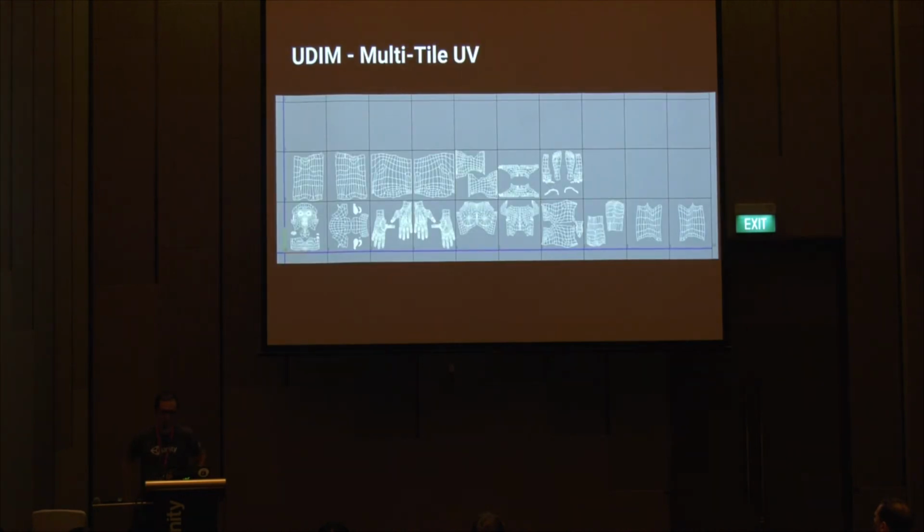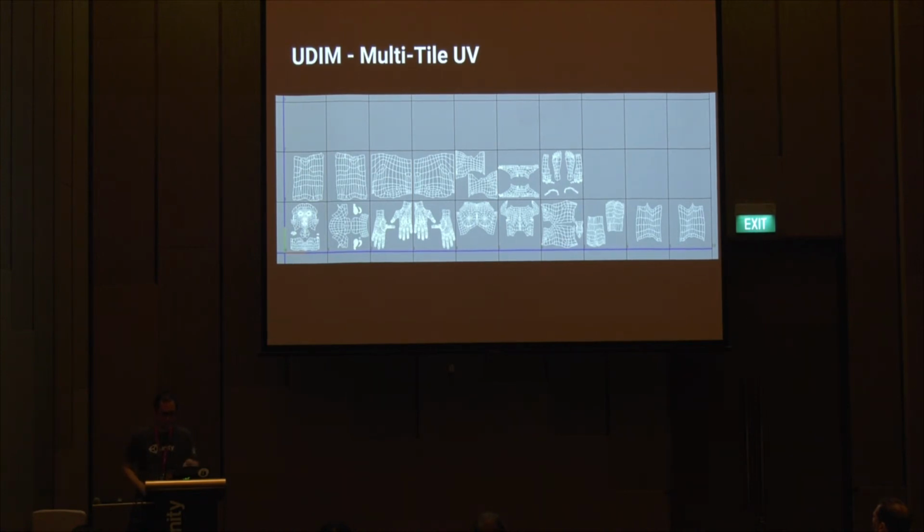The UDIM file format, which is a multi-texturing format and is what they use for the project with Mari, is a multi-tile UV. This means that your UV values are not restricted to 0 to 1, but extend beyond that. So you could have 0 to 10, for example.